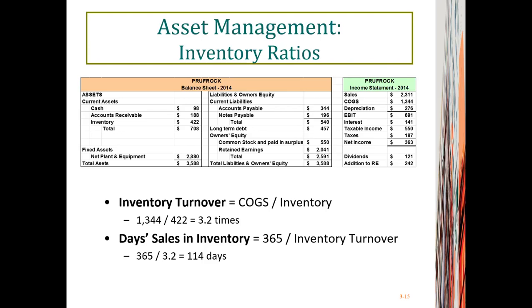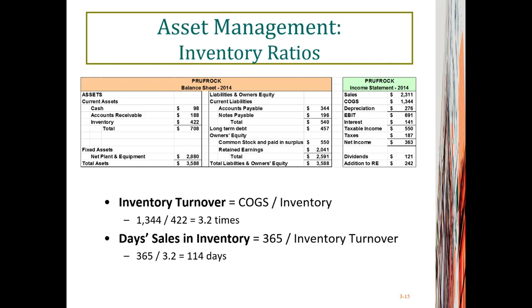Inventory turnover equals cost of goods sold divided by inventory. And in other textbooks, you might see it's equal to sales divided by inventory. It's similar to each other, but the point here is if cost of goods sold is considered, then it's a production-focused method. But if sales is used in the equation, it's a marketing-oriented method. But here, in this textbook, I want you to use cost of goods sold in calculating inventory turnover.